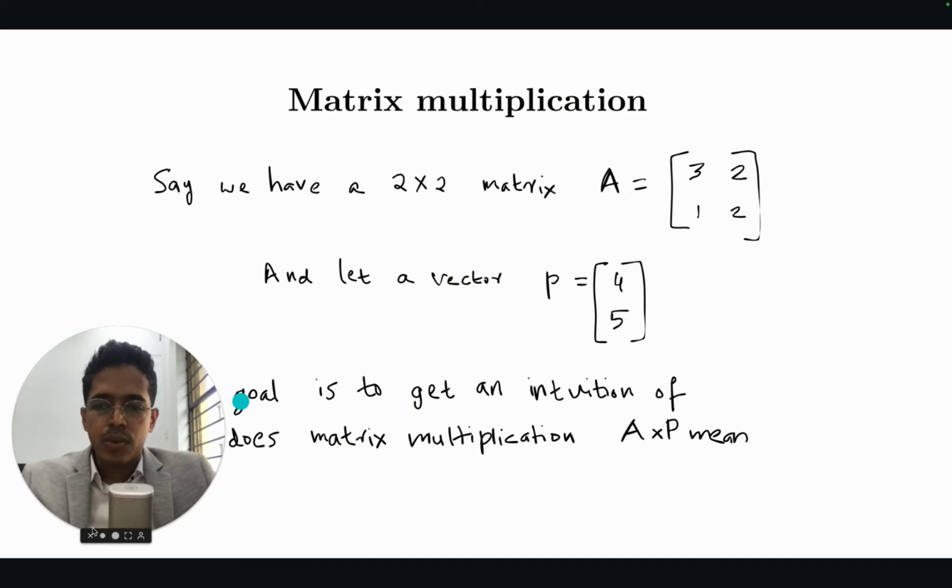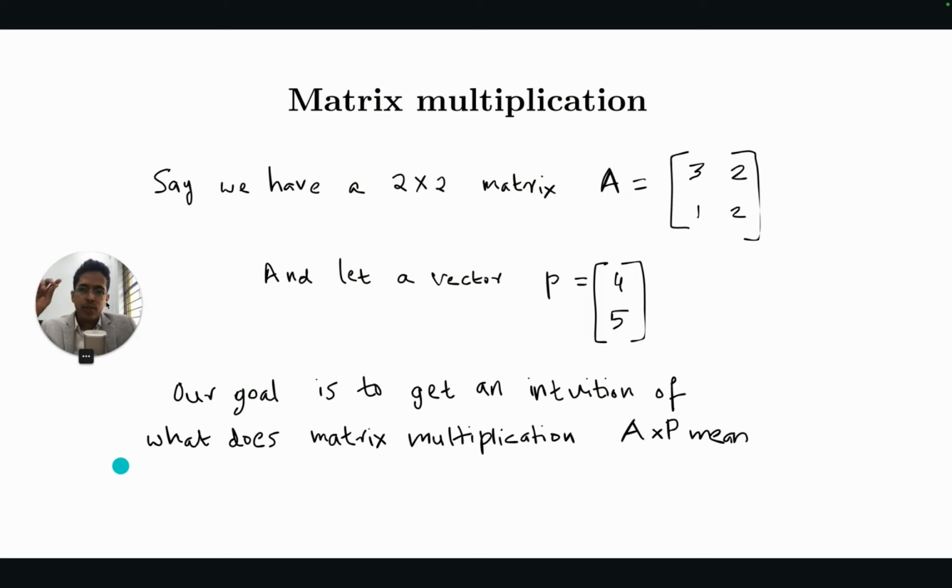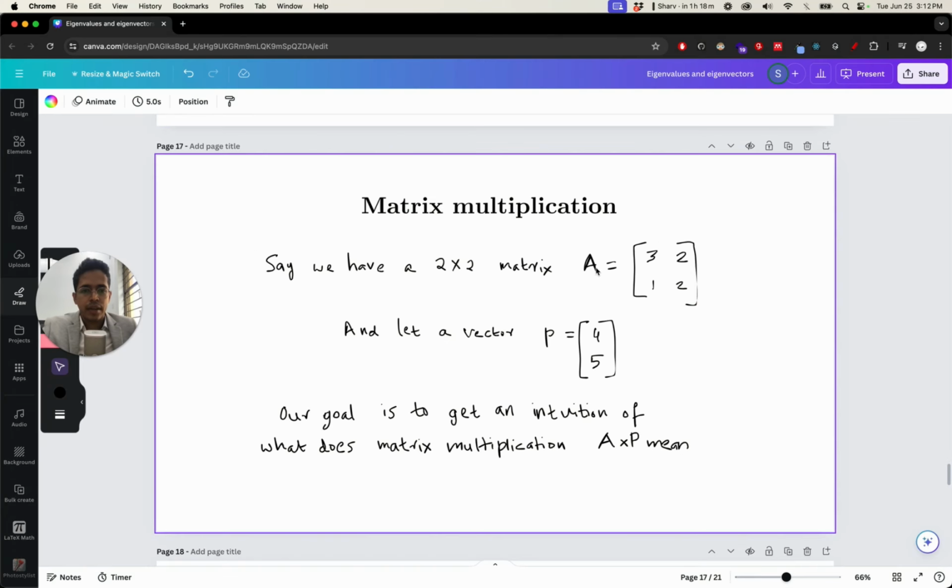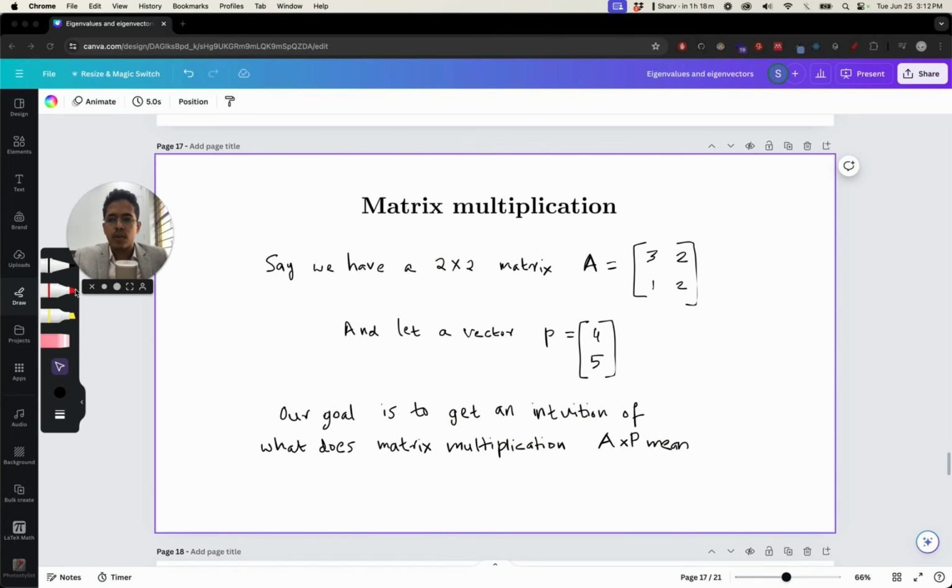Our goal is to get an intuition of what is the meaning of the matrix multiplication A multiplied by P. So we already know that since we are multiplying a 2 by 2 matrix with a 2 by 1 array or vector, the result is a 2 by 1 vector, right? Let me just write it down here.